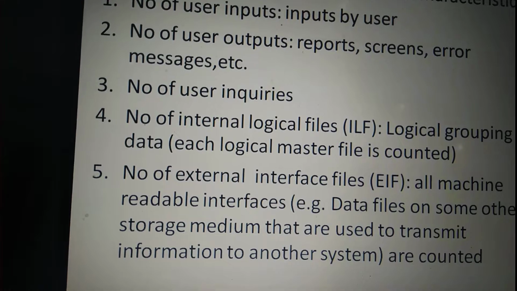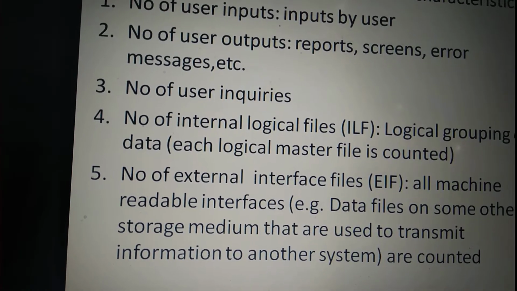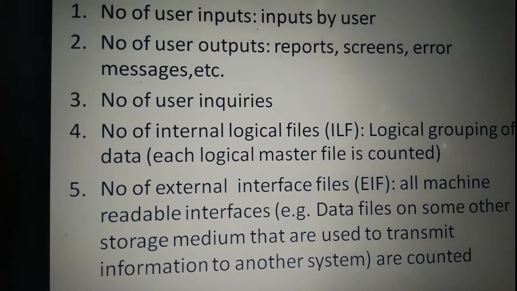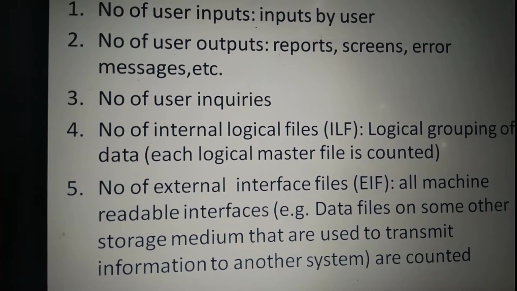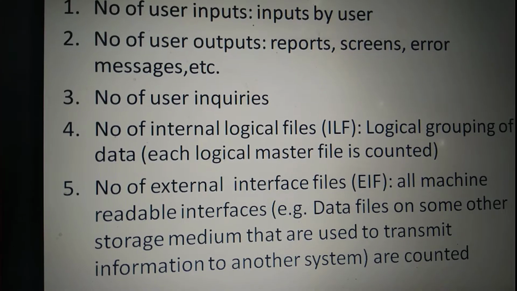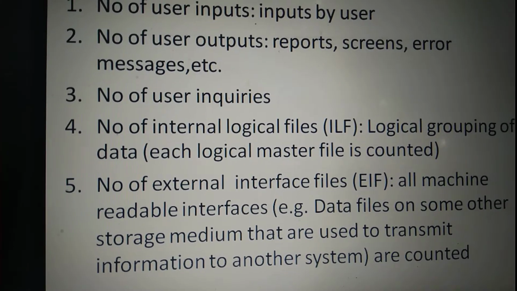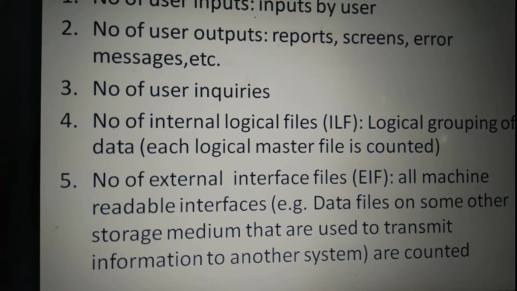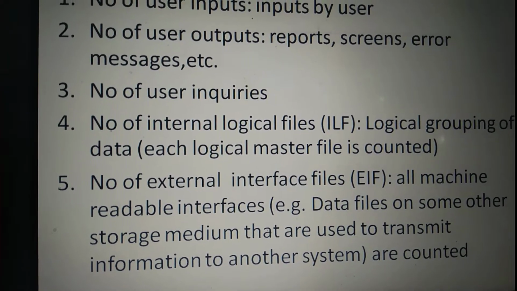Regarding output, a valid output entity must meet these criteria. It should be an elementary process of the application. It should be data or control information sent outside of the application's boundary. It should leave the business of the application in a consistent state and should be a unique output.